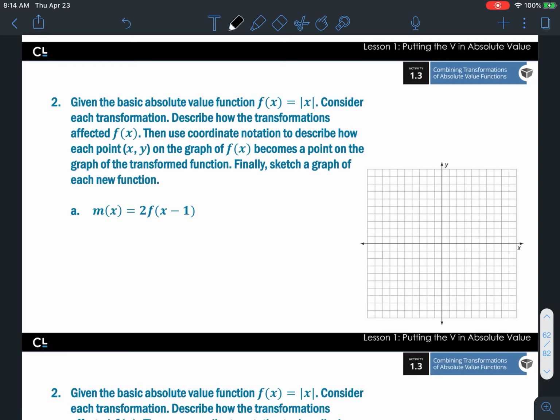What's nice is we can use our calculator on this. All this comes out to be is 2 times the absolute value of x minus 1. So let's write down the description first.